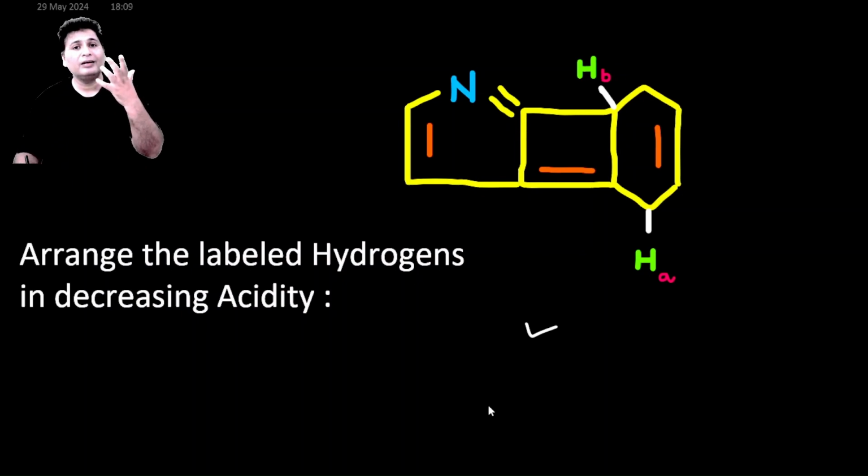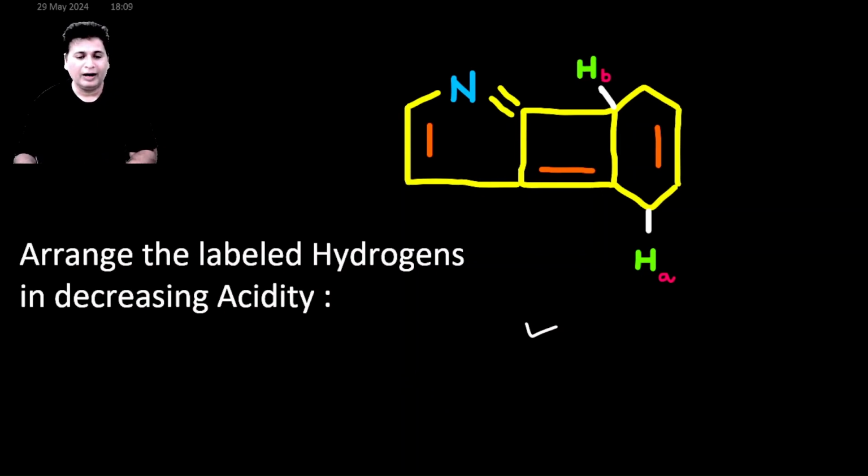The higher the stability of that conjugate base, the more will be the acidity of the hydrogen which is attached to that carbon or that atom. So that you have to take into account.